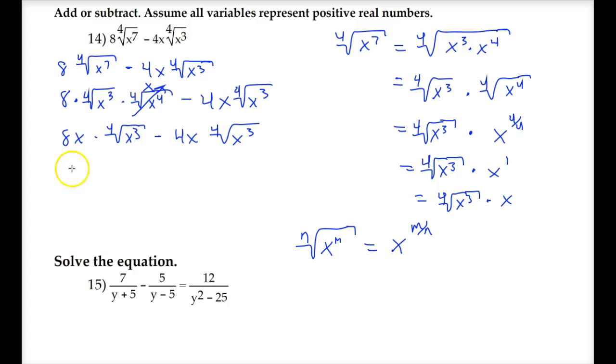And so now at this point, we see that we have like terms here because both of these have a fourth root of x cubed. And so all we need to do now is we treat this just like this was like 8a minus 4a. And so 8x minus 4x gives us a positive 4x times fourth root of x cubed. And so this would be your final answer.